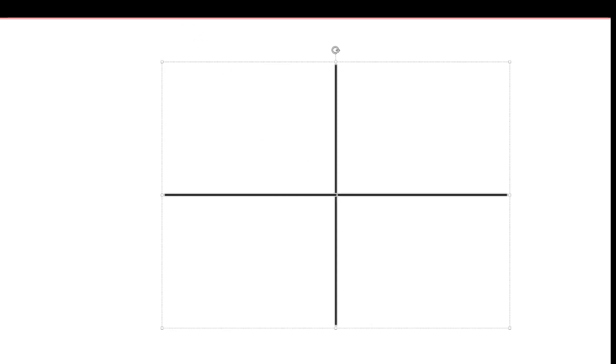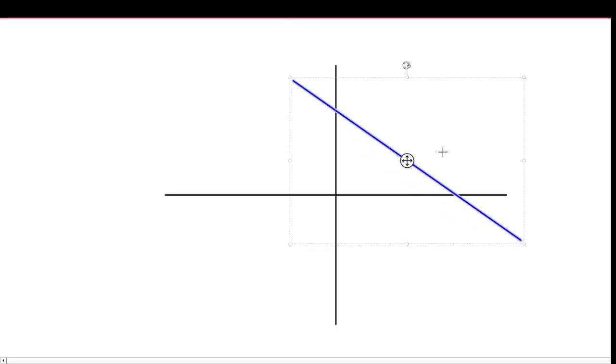So let's make a Cartesian system. So this is a line, and make a vertical line that intersects the line and the x-axis.